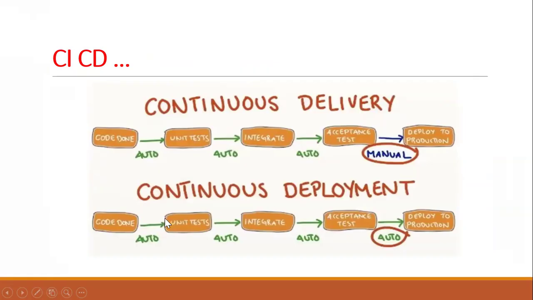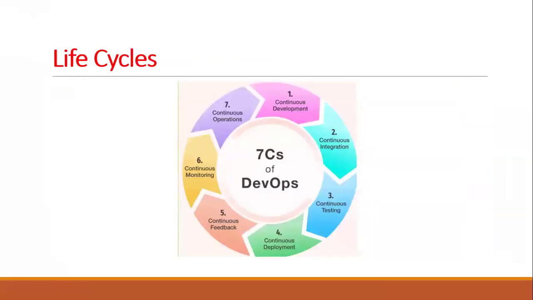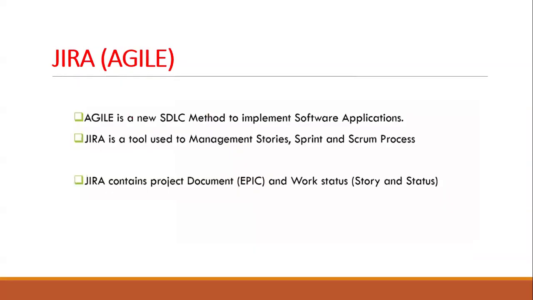So continuous deployment is automatic, while delivery has a manual step. This is the life cycle of DevOps, guys: continuous integration, continuous testing, continuous deployment, continuous feedback, continuous monitoring, continuous operations. Okay, so for this purpose, what are the tools we are using?